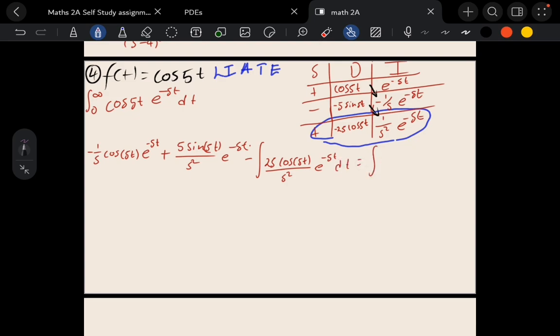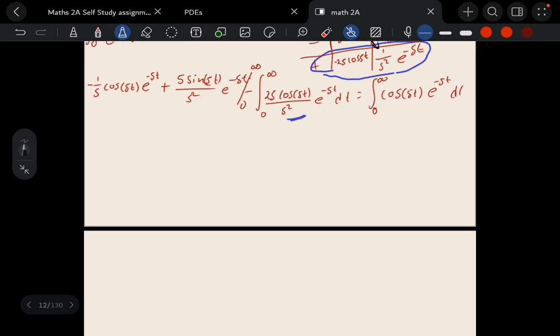This thing will equal the original integral from 0 to infinity, so put the limits from 0 to infinity also there. It's from 0 to infinity of cos 5t e to the power negative st dt. These two integrals are identical. 25 and s squared are just constants. You can just collect it on both sides.